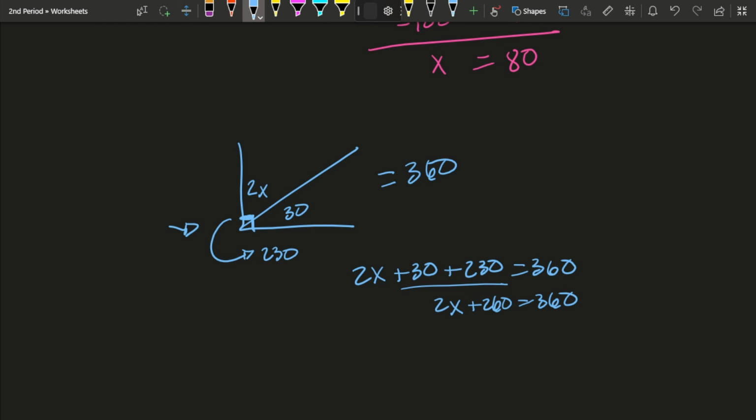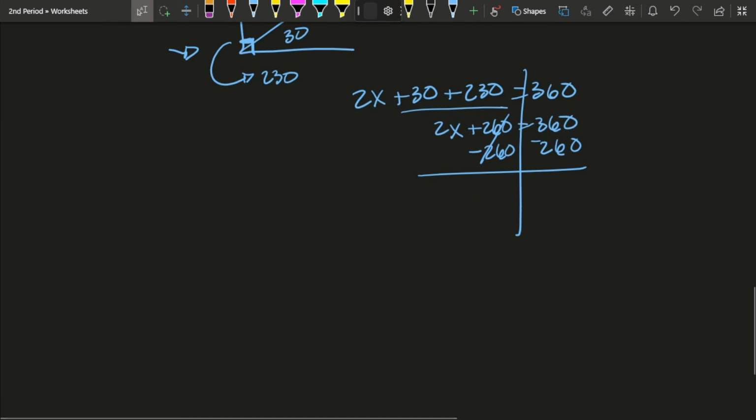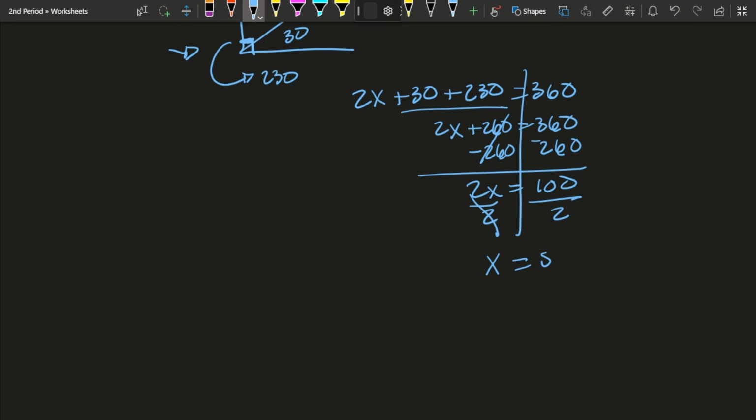And then I subtract 260 on both sides. This cancels out. So 2x equals 100. And my last step will be to divide by 2. Divide by 2. Cancels out. So x equals 50. And I found the missing value.